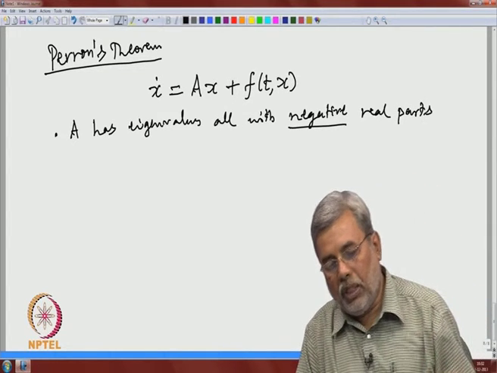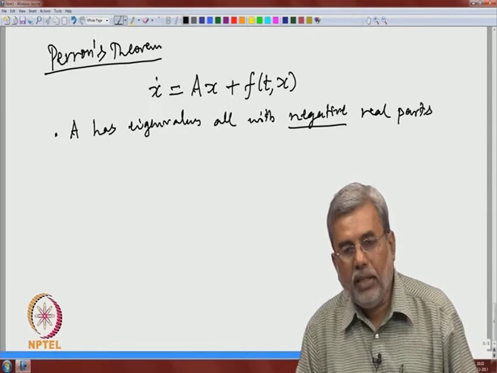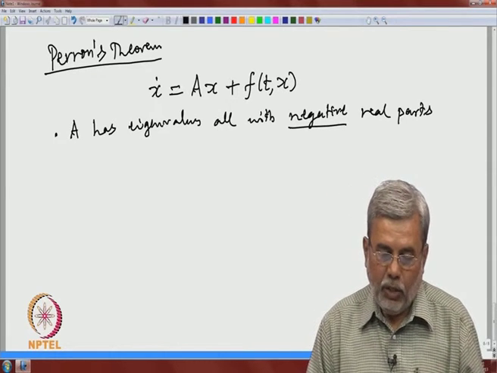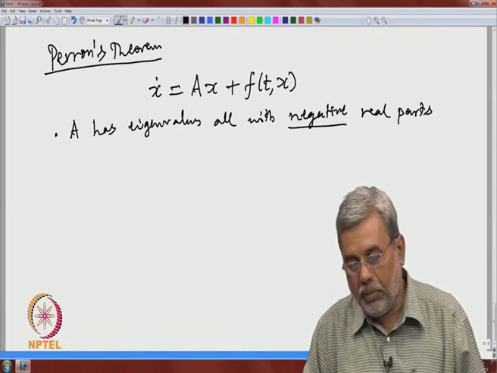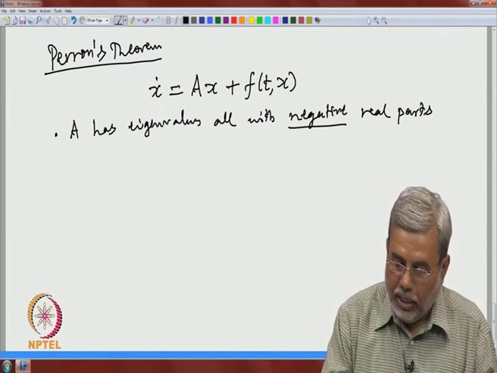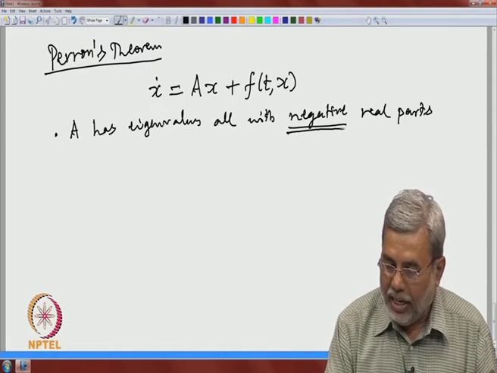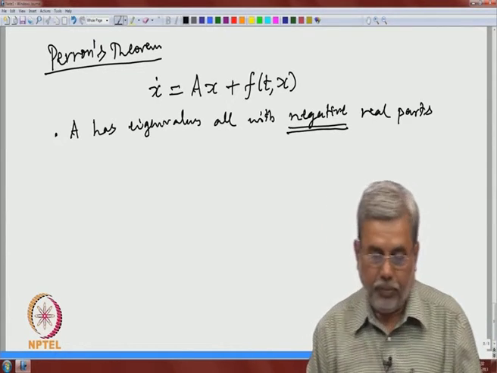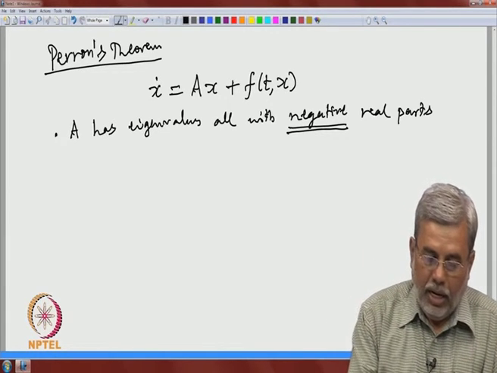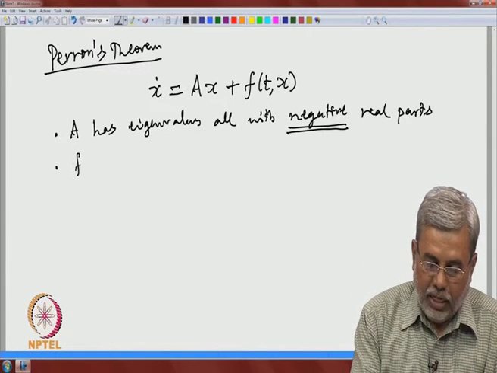So, the Hartman-Grobman theorem requires the eigenvalues all to have non-zero real parts, but Perron's theorem only concerns the case when they all have negative real parts. Okay. And f is a continuous function.